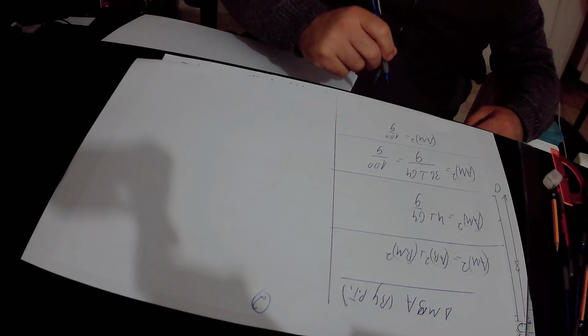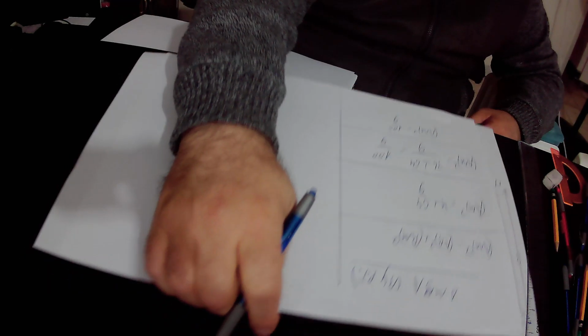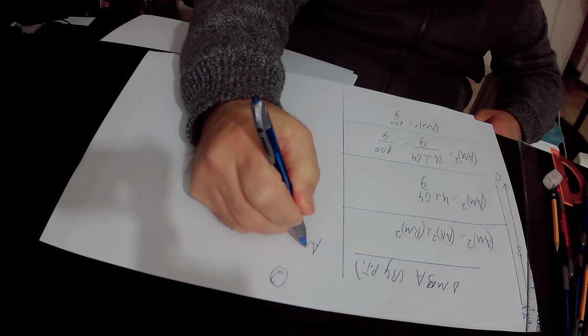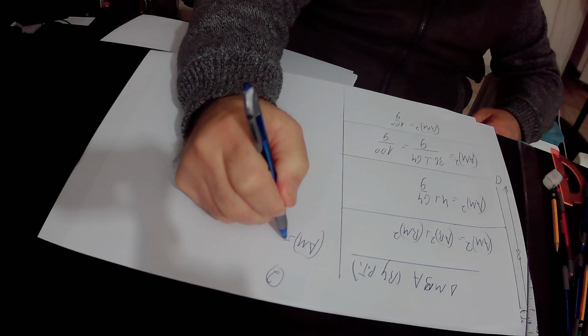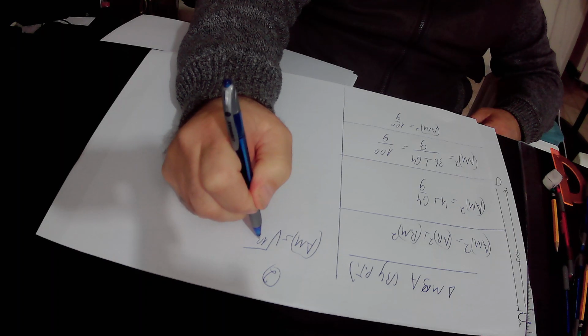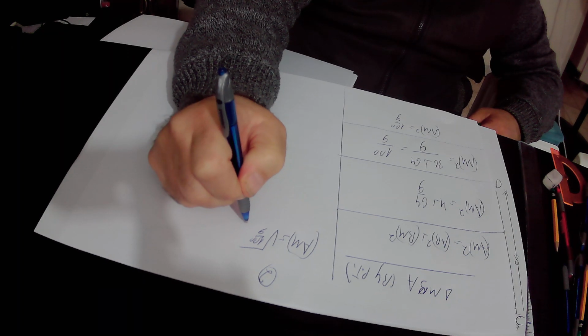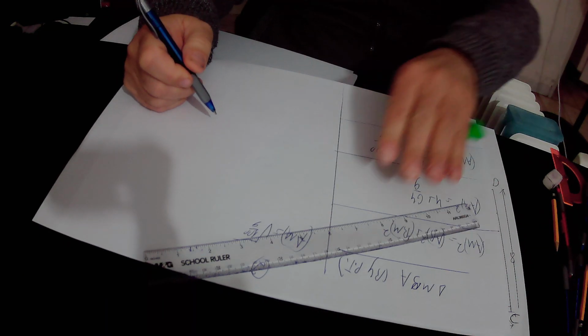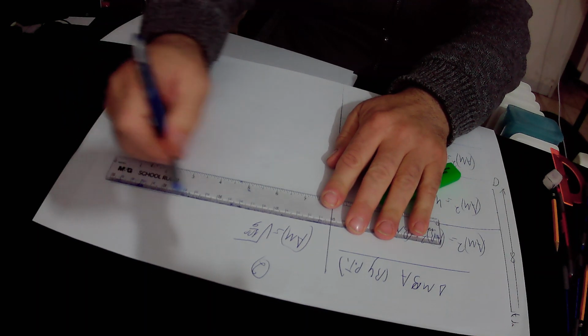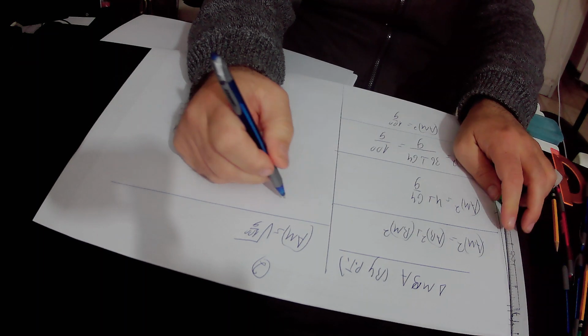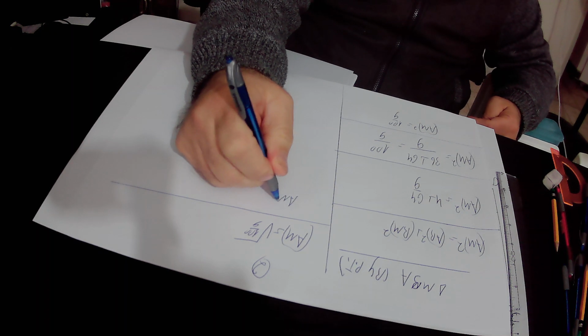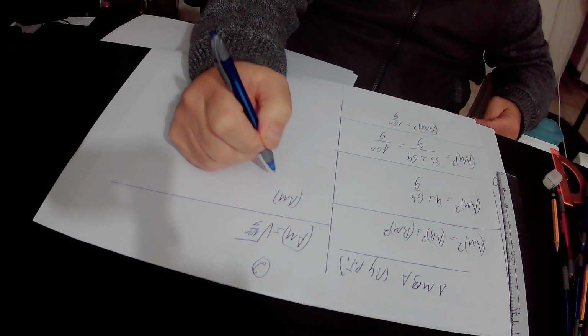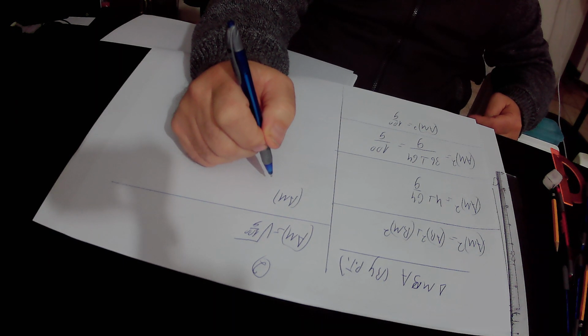Here we will take the root of this equation and we get that AM equals the square root of 100 over 9.